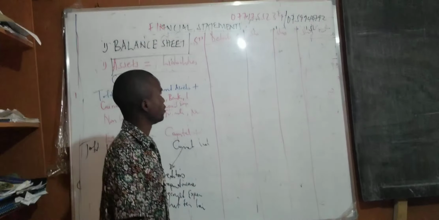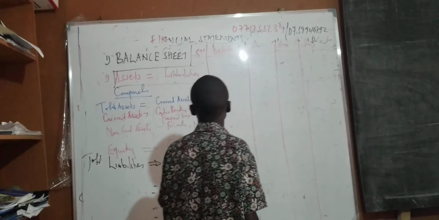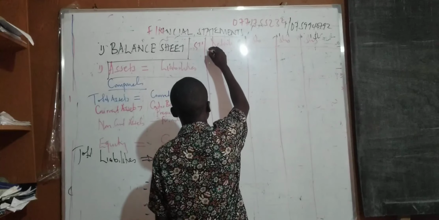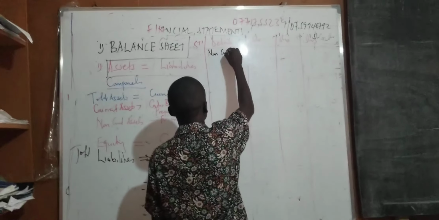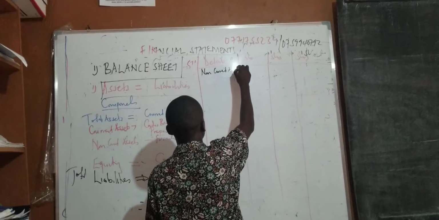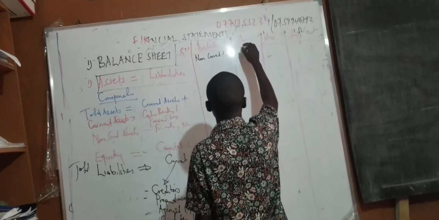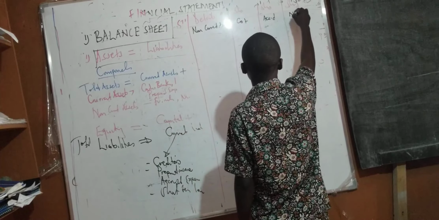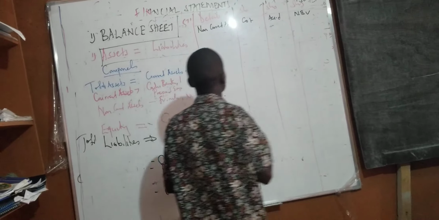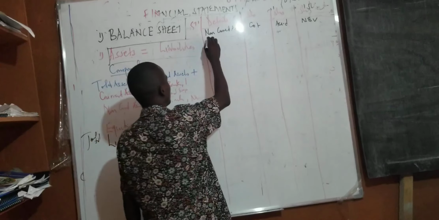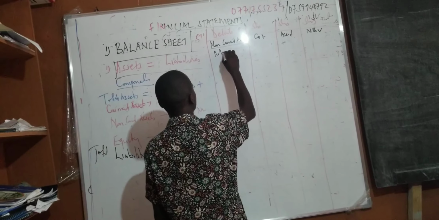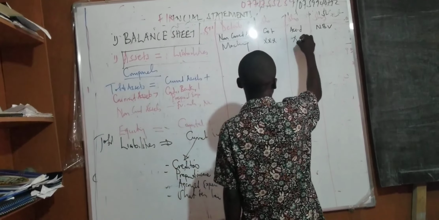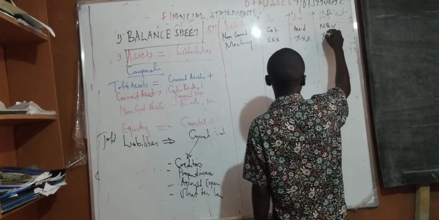The balance sheet. We have our details, shilling. So we begin with the non-current assets. So this is the cost, accumulated depreciation, net book value. Assuming we have machinery, you put the cost here, and the net book value.